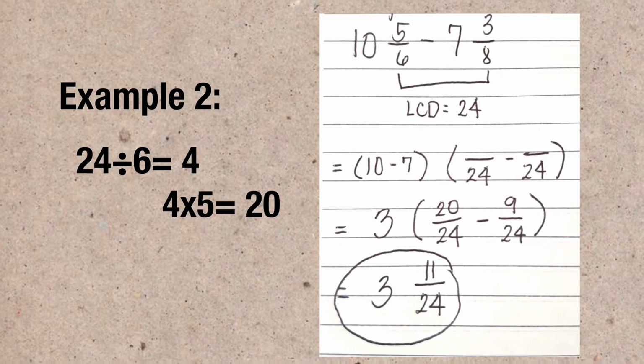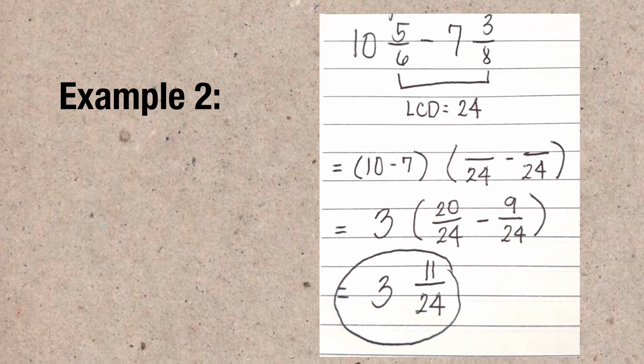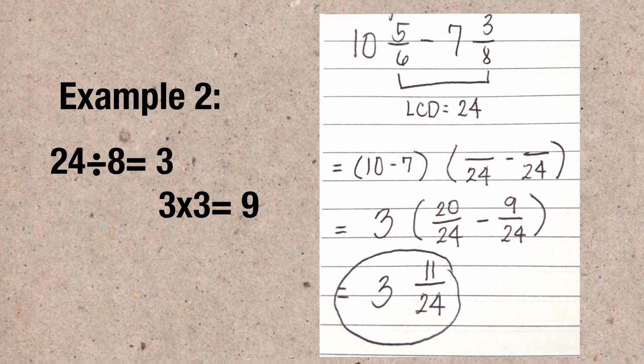24 divided by 6 equals 4, times 5 equals 20. So, 5/6 is equivalent to 20 over 24. Next, 24 divided by 8 equals 3, times 3 equals 9.